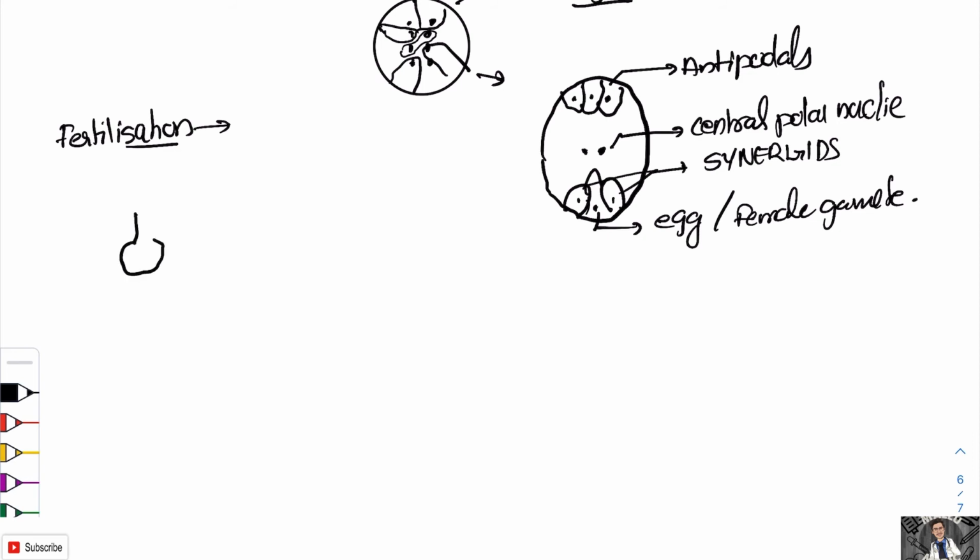As I told you, this is the female part, and when the male pollen grain reaches over here, it forms a pollen tube, and the male gametes move through this pollen tube and reach the ovule, and within the ovule it reaches the embryo sac.